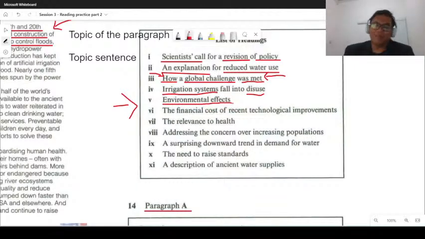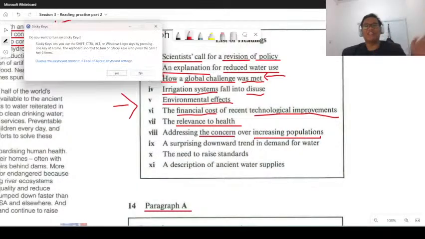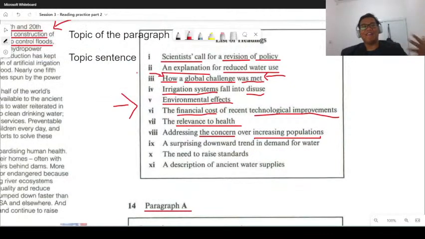So that could be talking about maybe consequences, causes, etc. For VI, financial costs, technological improvements. Okay, and it can be recent. There's something to do with health. Okay, addressing concern, increasing population, and it's a concern, right? So if we try to recall paragraph B, it did talk about increasing population, but when we read it, it wasn't a concern.